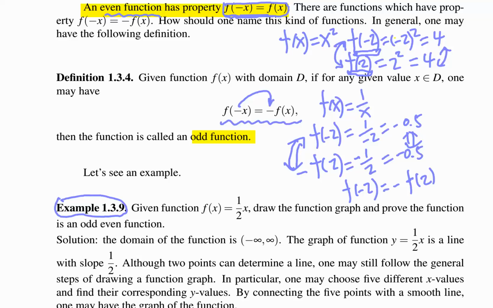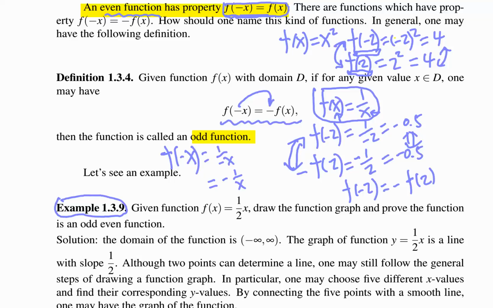In general, how are we going to do this one? In general, we can prove it in this way. So you see right here, we plug in f of -x. We plug in -x over there. Here was x. If we plug in negative there, then the case is going to be 1/-x, which is -1/x.